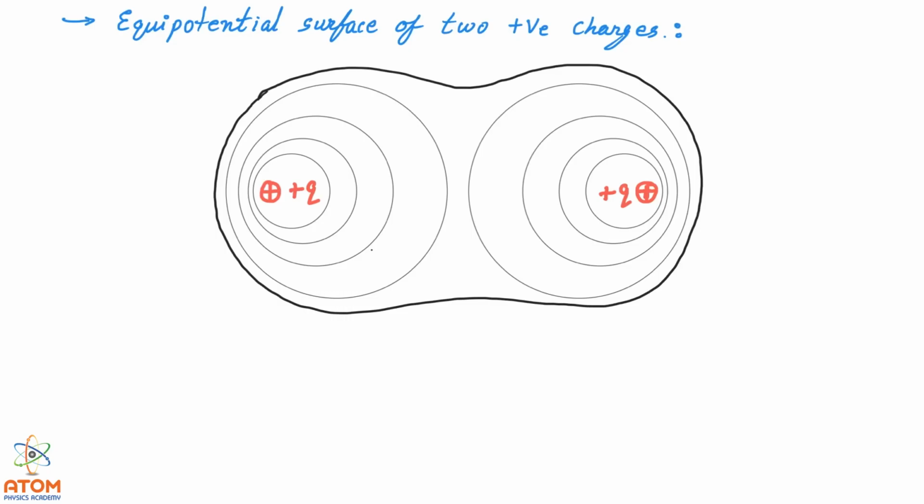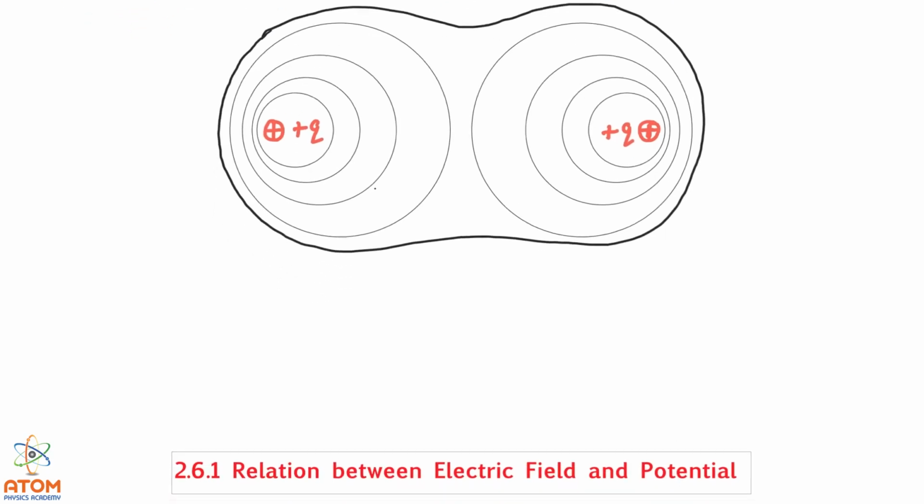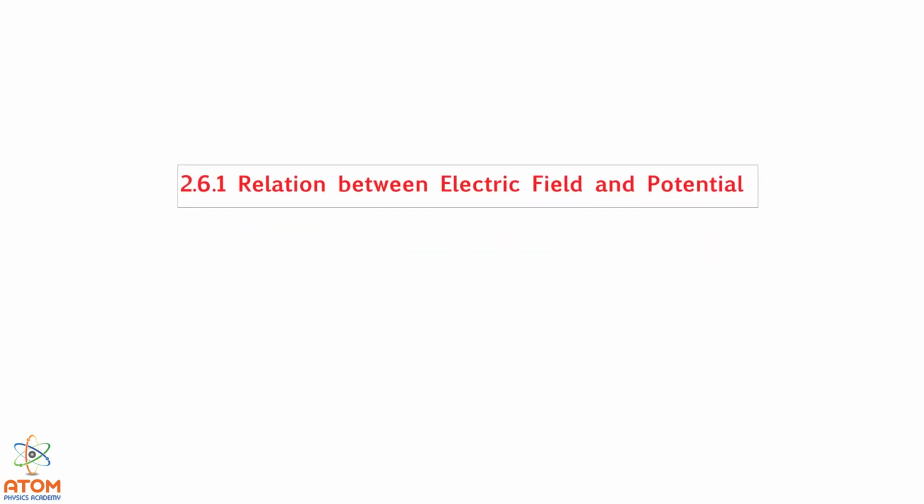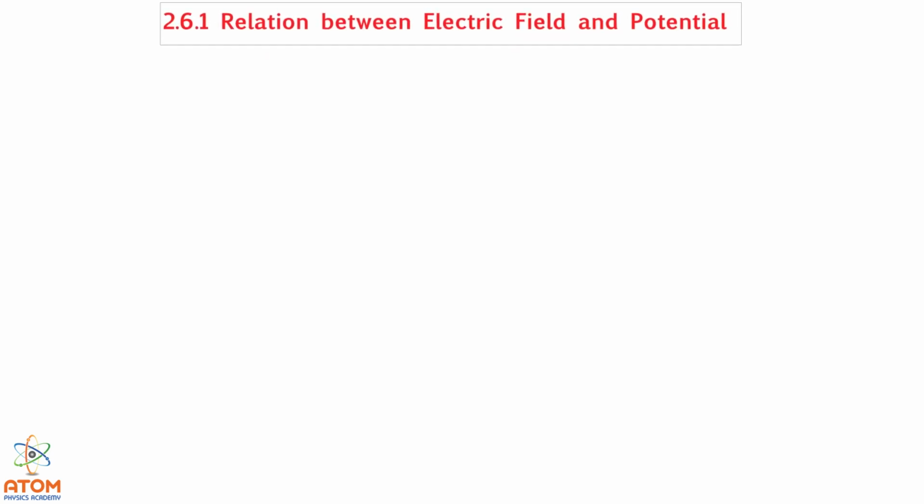So this is the final equipotential surface, means the fifth one, and gradually you can draw the sixth one and seventh one. They all will come somewhat like this only. So this is equipotential surface. Now let us see further relation between electric field and electric potential.